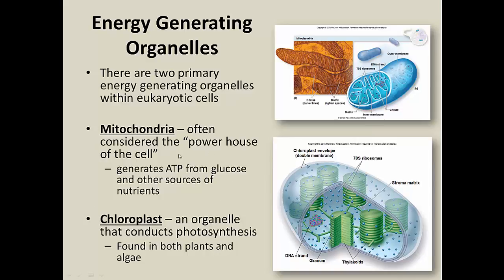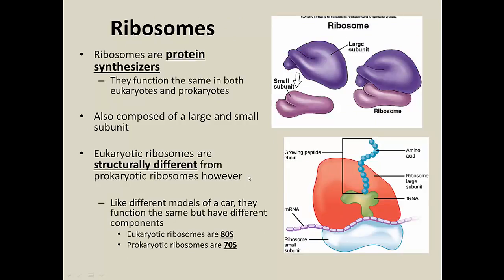And then from there, once they make the glucose, they burn it using the mitochondria to generate energy. Whereas again, animals have to get the glucose from another source. So they both use the mitochondria to burn the glucose to make energy, but the chloroplast dictates how they get that glucose, whether they make it themselves or whether they don't make it themselves and therefore have to get it somewhere else. Okay? So those are the energy generating organelles.